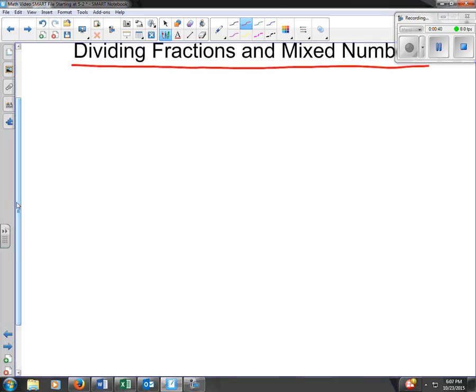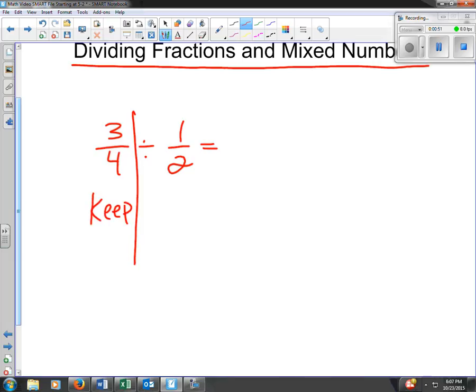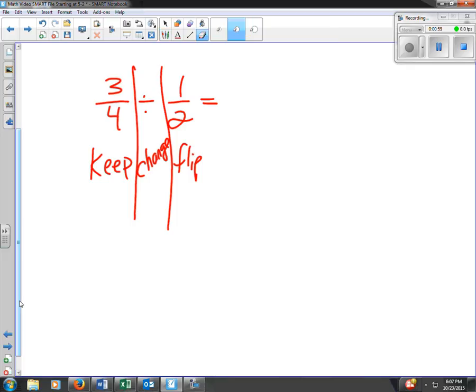Okay, we have 3/4 divided by 1/2. Again, you keep, change, and then flip. Keep, change, flip. Okay, so we're going to do that.